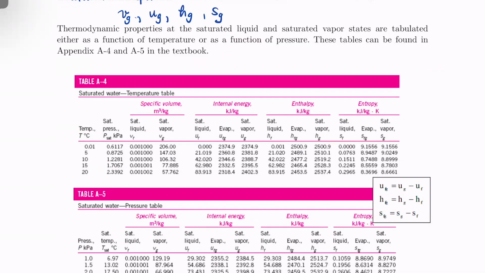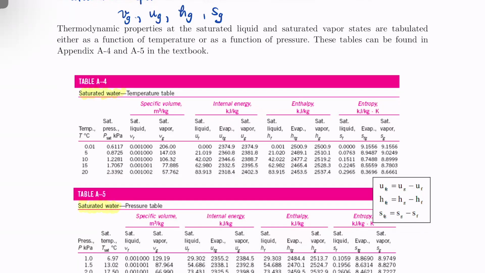So this top table here, and these are in the textbook, if you have the textbook, and I also have these tables reproduced on Moodle as well. But table A4 is going to give us the temperature table for saturated water. Both of them are for water.